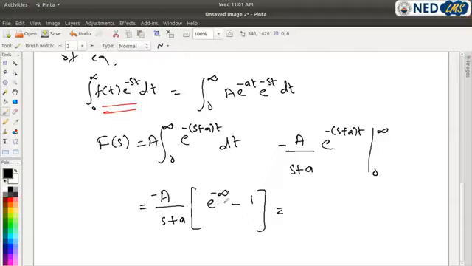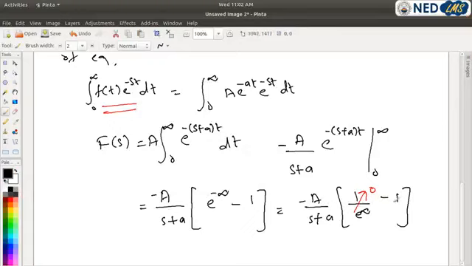Now e to the minus infinity can be written as 1 over e to the infinity, and e to the power infinity is infinity, and 1 over infinity is 0. So this term will become 0.